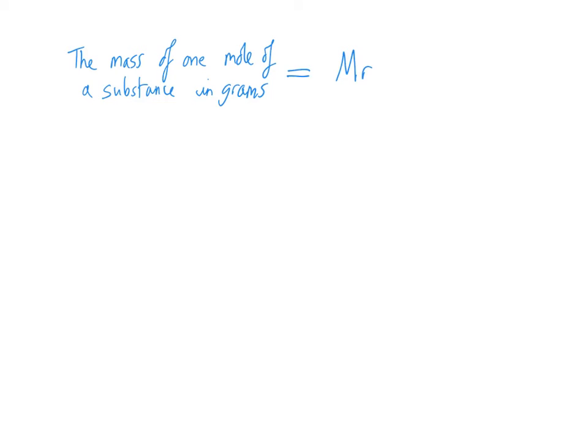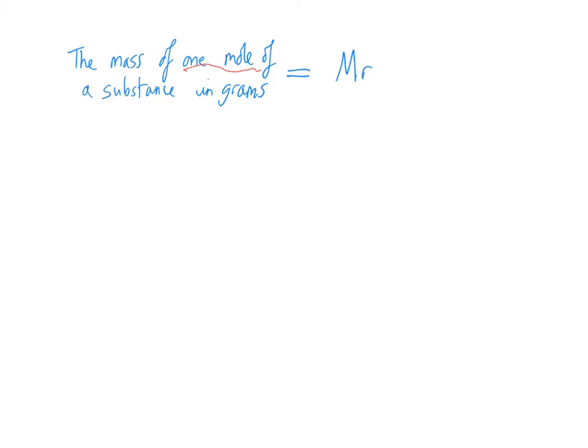The most profoundly useful thing about moles and working with them in terms of quantities is that the mass of 1 mole of a substance in grams is equal to the relative formula mass of that substance.